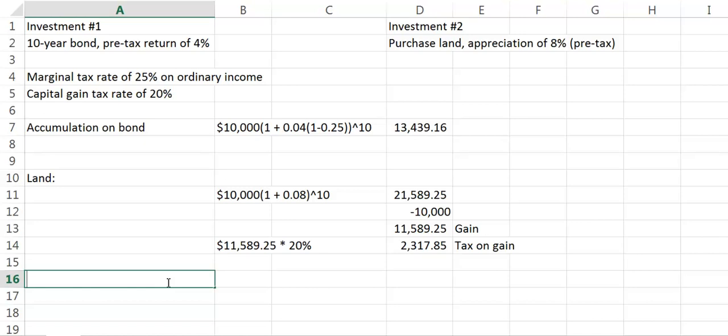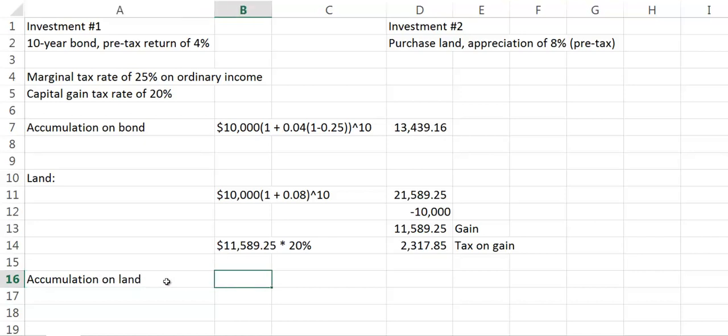Now I need to know what's my cash effect, or the accumulation, we can say it that way. The accumulation on the land after we sold it. Well, we have $21,589.25, right? That was the amount that we received from the sale.